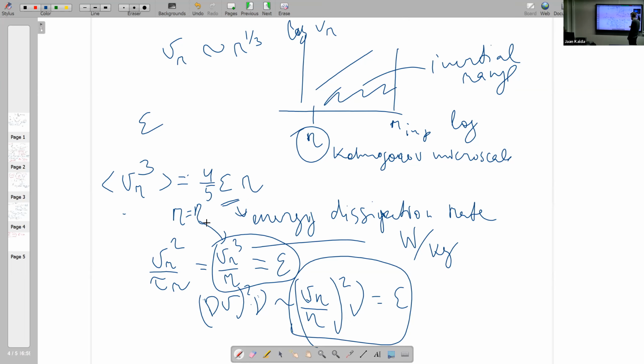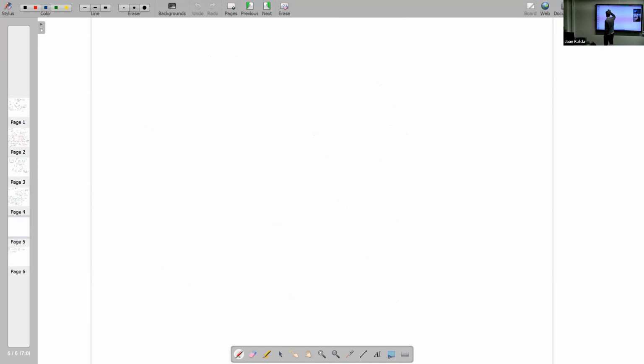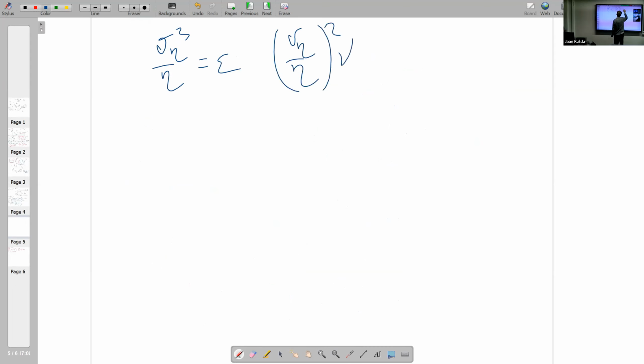So now we have, maybe it's better to write the same things over on the next page because we need a little more space. We have V_eta cubed divided by eta equals epsilon on the one hand, and on the other hand V_eta divided by eta squared multiplied by nu equals epsilon. Two equalities.